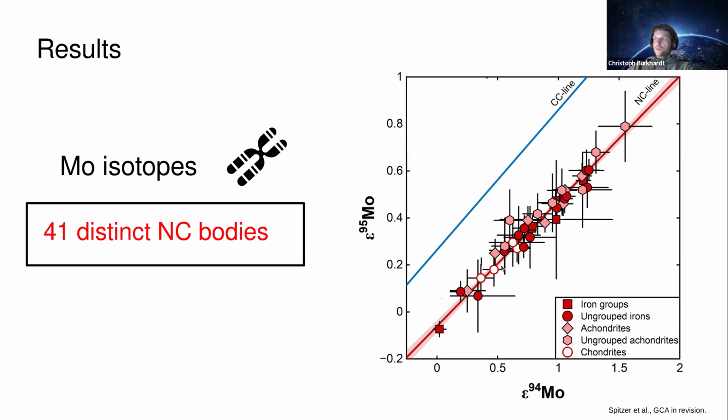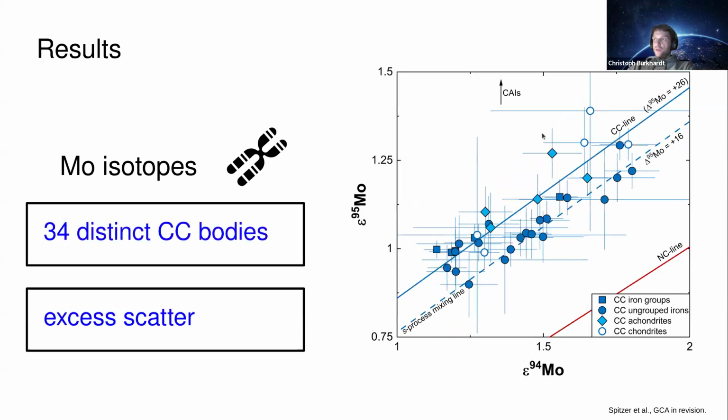When we now look to the CC line, this is a bit different. There, we have 34 distinct bodies that plot on this line, grouped and ungrouped iron meteorites, achondrites, and also chondrites. But there, some of the error bars are obviously larger, but there seems to be excess scatter around this line.